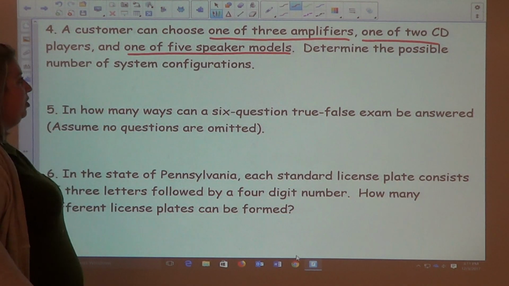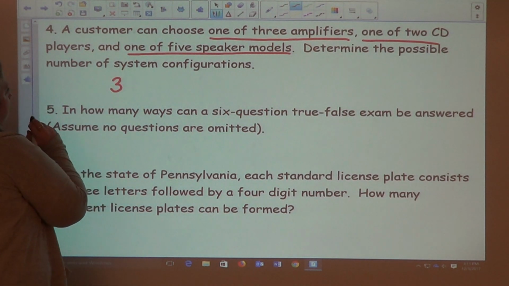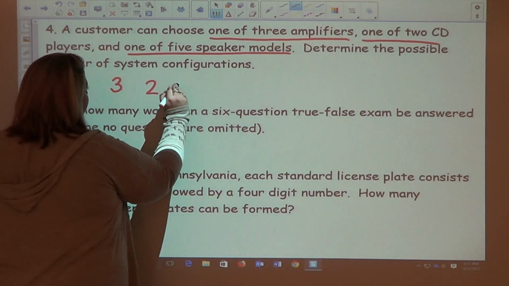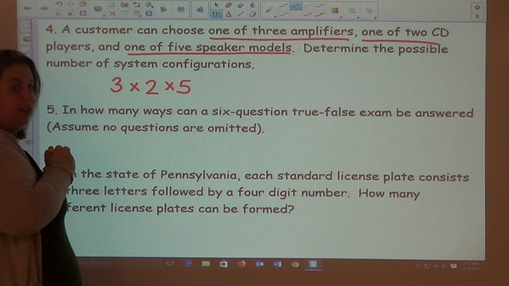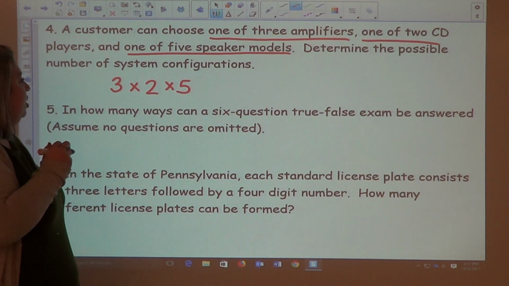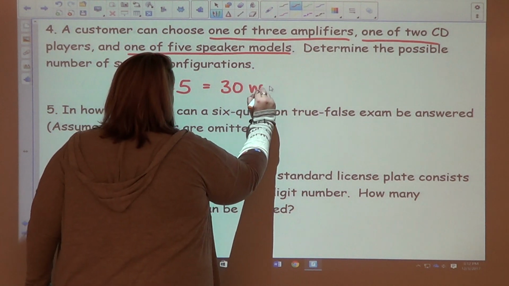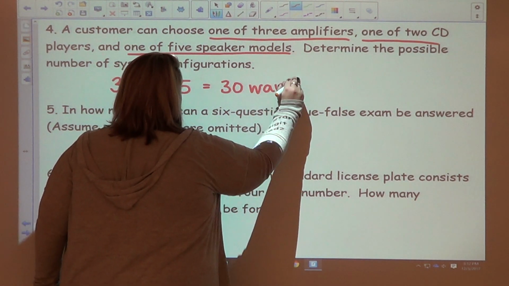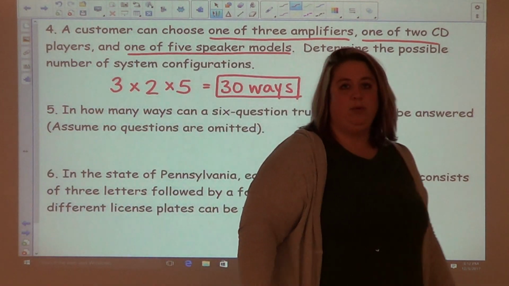You multiply those numbers all together. This is the fundamental counting principle. To figure out how many possibilities, you multiply. So my answer would be there's 30 different ways, or configurations, whatever label you want to use is fine.